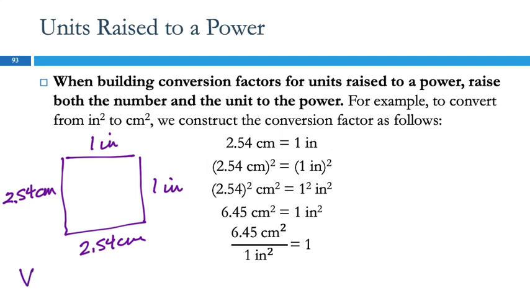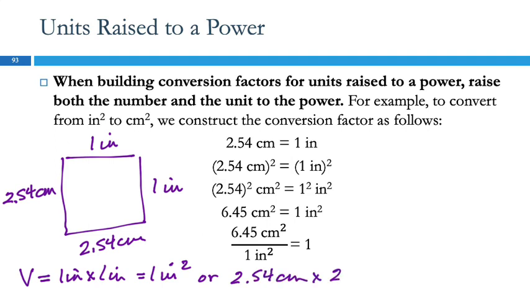So the area is going to equal 1 inch times 1 inch, which is 1 square inch, or 2.54 centimeters times 2.54 centimeters, which equals 2.54 squared centimeters squared, or 6.45 square centimeters.